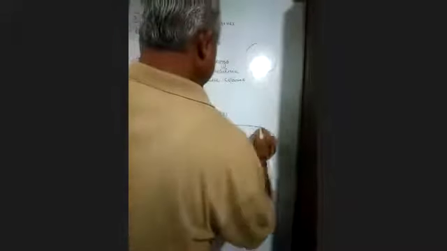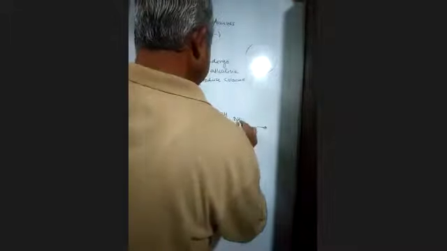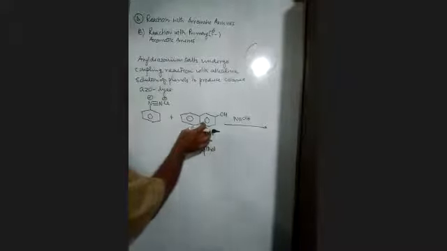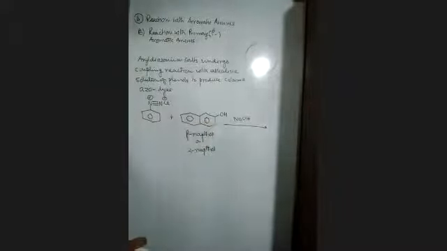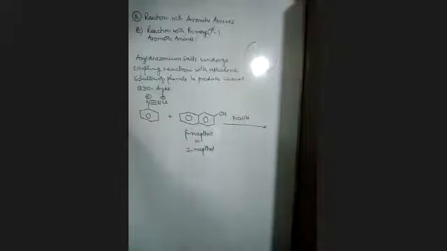We know phenols are soluble in sodium hydroxide because it forms salt. So what we do, we dissolve this beta naphthol in sodium hydroxide. So you get this alkaline beta naphthol solution.